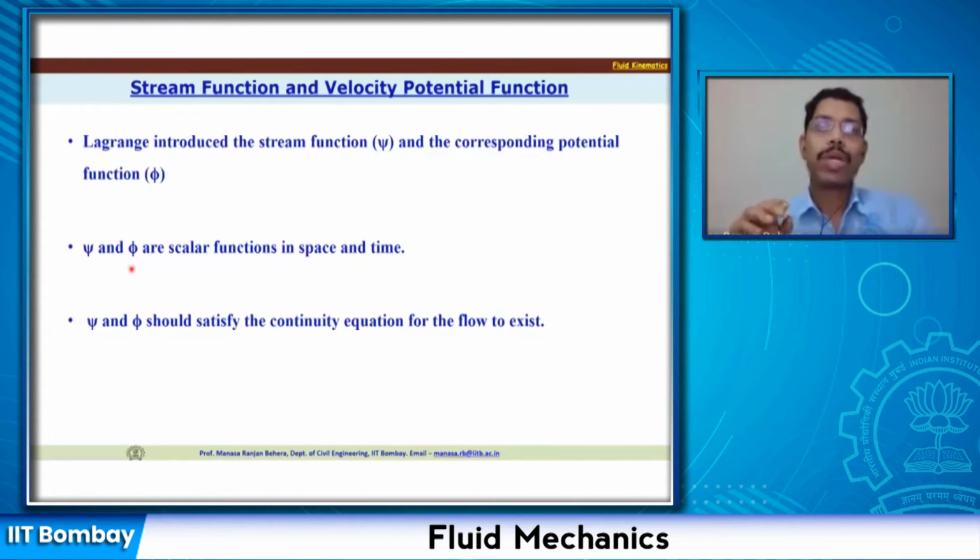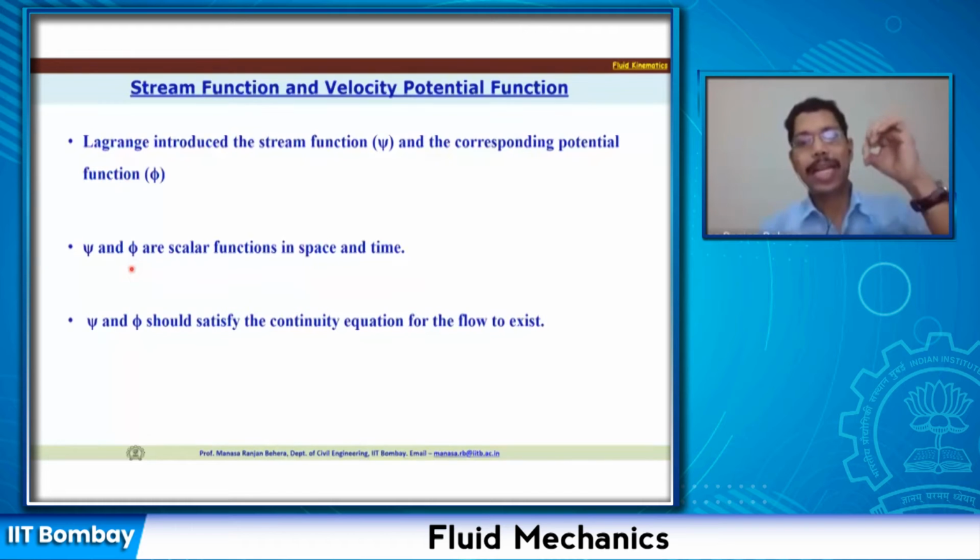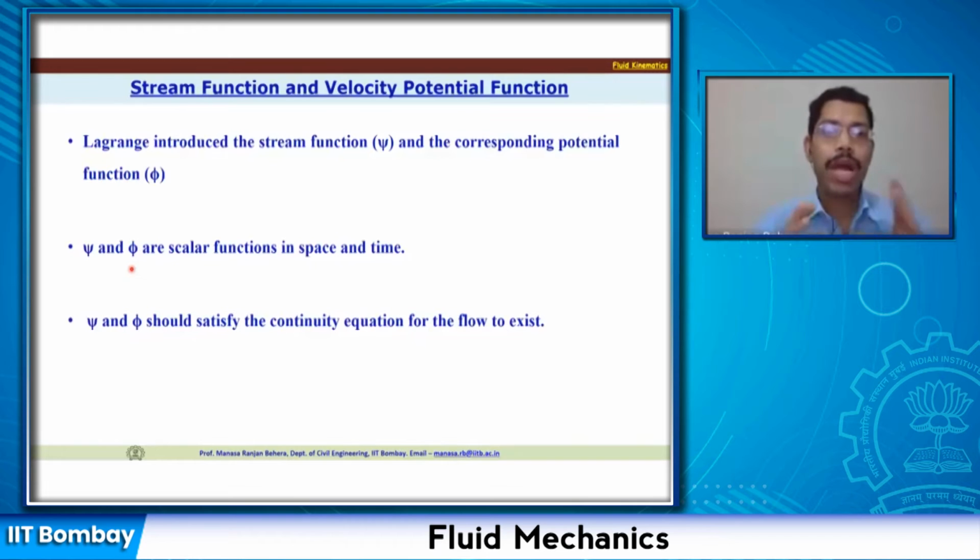So now in a flow domain, if you want to solve something, you need to solve for the velocities in x direction as well as y direction. But the same velocity in x and y directions can be denoted with one scalar function, let us say psi. I will show that in the next slides, but if I know the value of psi at each point, I can find out what is the velocity in different directions. So that is the advantage. So that's why these functions are very useful at some points.